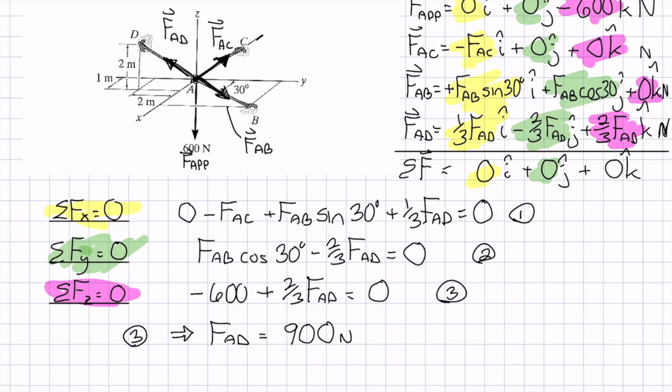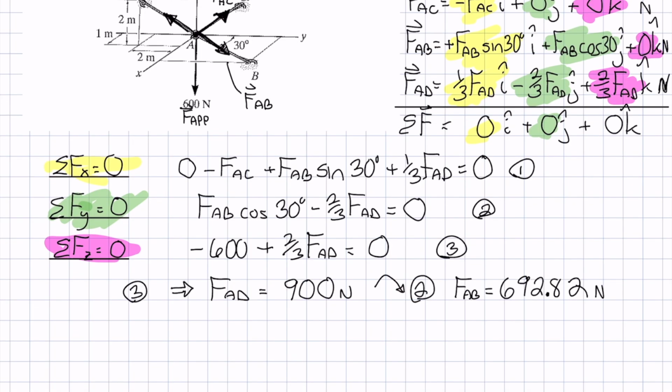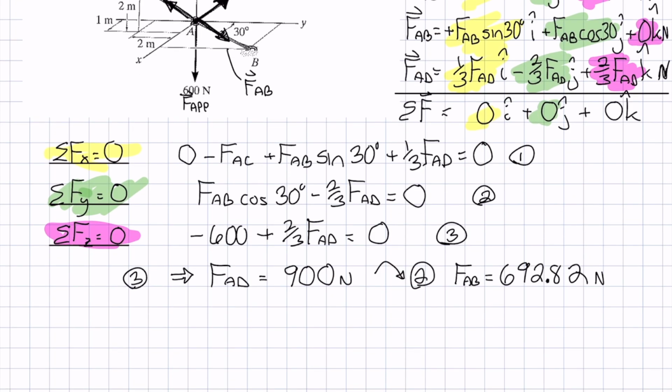And if I plug that into equation 2, I can now solve for F_AB. I won't go through all the algebra. You guys know your algebra. And this is going to be 692.82 newtons. Notice I'm leaving some extra digits in the calculation because I don't want to have any round off error when I'm using it next.